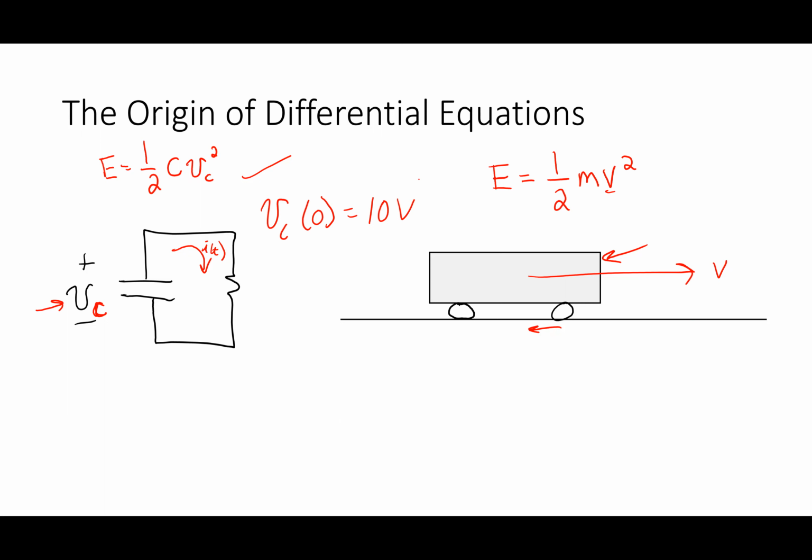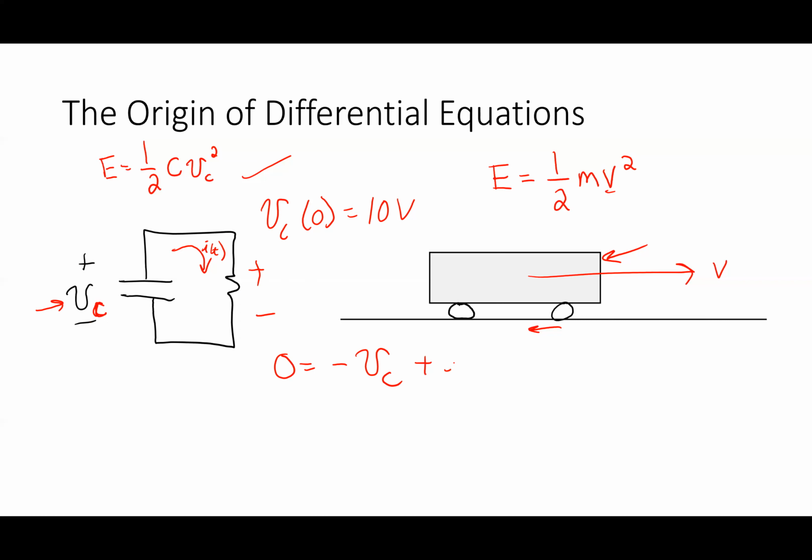What's that? KVL, right? I'd say 0 equals, and I look at this and I say, well, V sub C, so I go minus V sub C plus whatever I have going through this resistor.